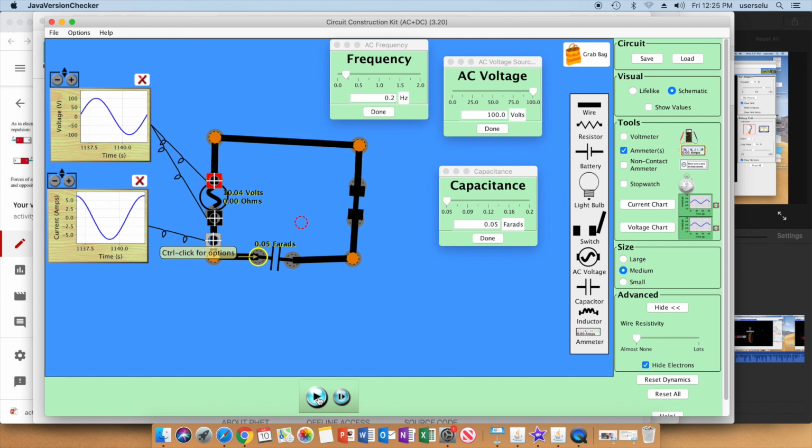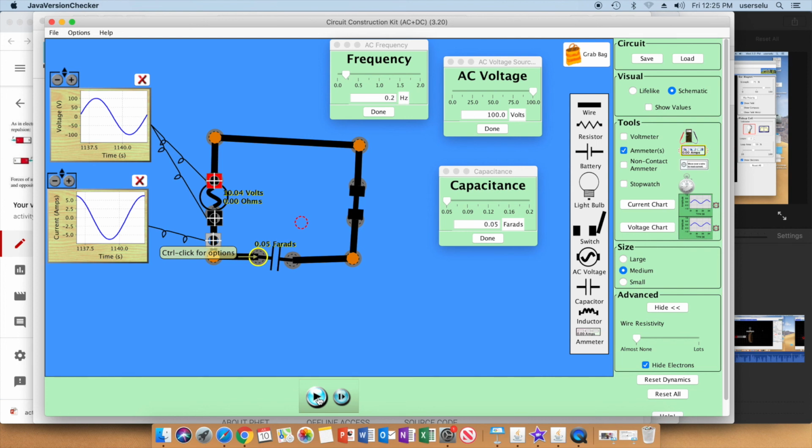But what we can do is still calculate the relationships between the peak current and the peak voltage. The maximum of the voltage, as we can see on the top chart, goes from plus 100 to minus 100. The maximum on the current, as we can see below that, is somewhere above 5 amps to somewhere below negative 5 amps.